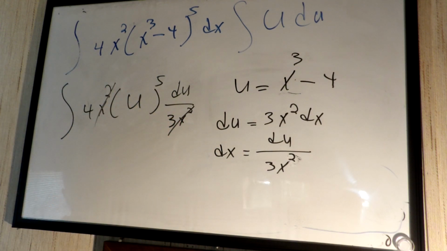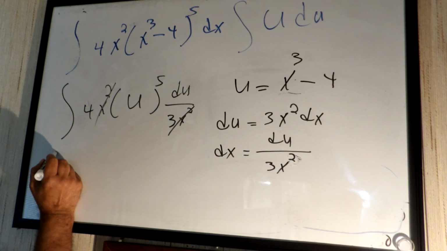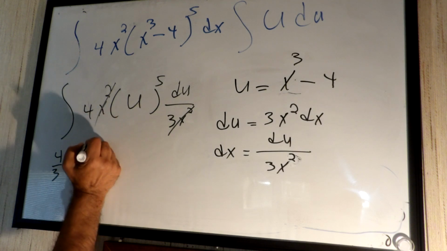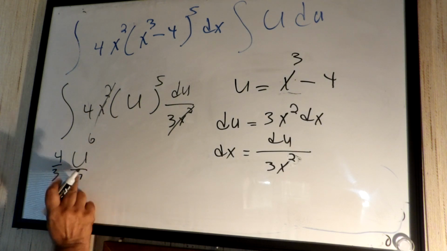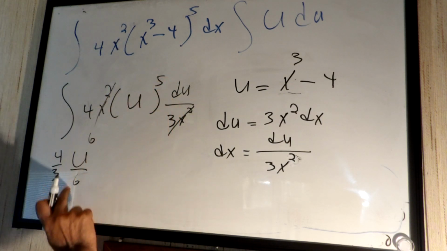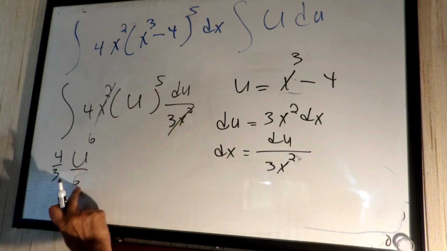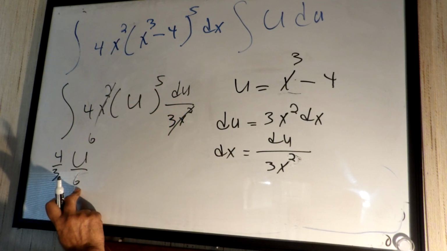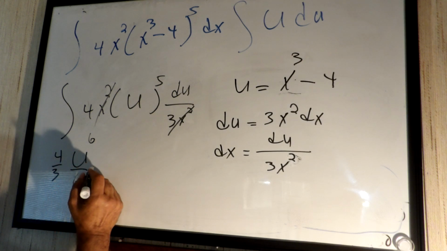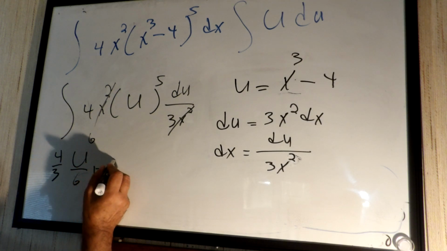The x^2 is going to cancel out, 4 over 3, and then u is going to be u^6 divided by 6, as you know with the power rule. Add one to the exponent and divide the whole thing by it, plus c.